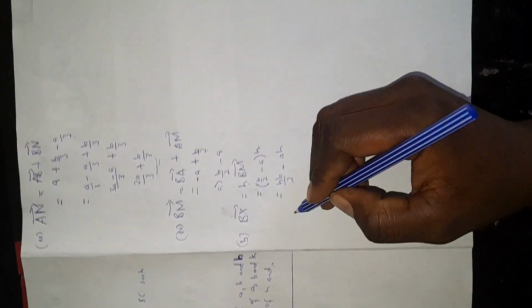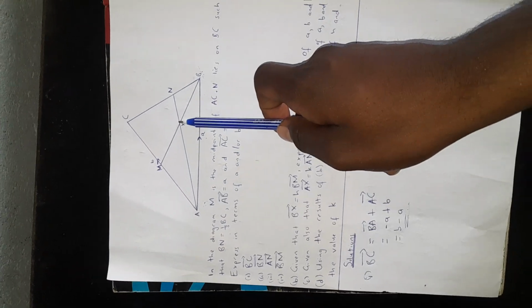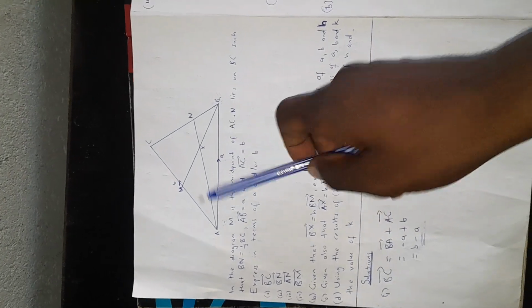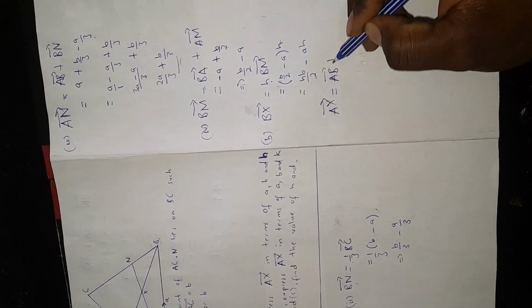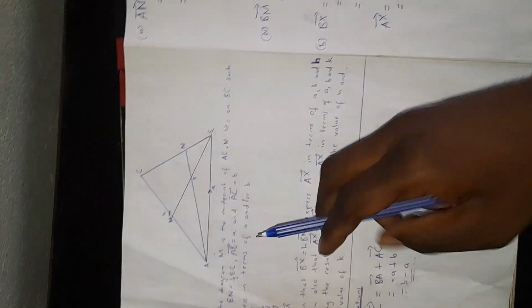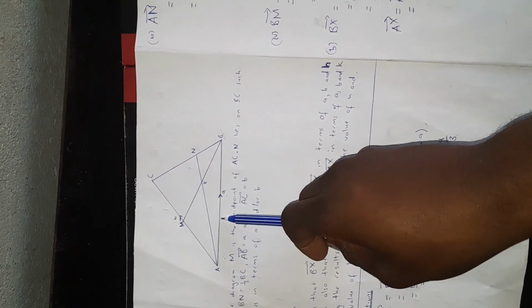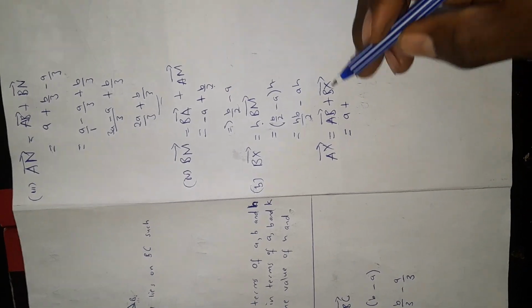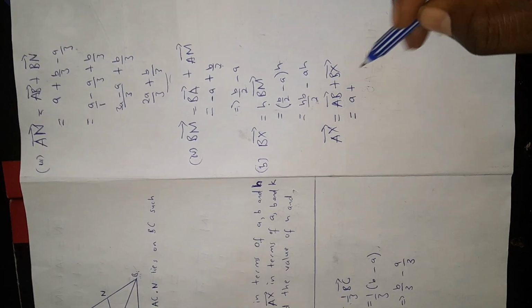Now AX is AB plus BX, as you can see here. AB is an A, because we are going in the same direction with this magnitude of A. So write our A here, plus BX, which we have already calculated.